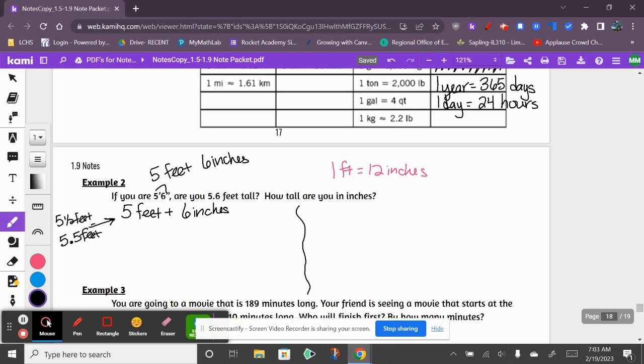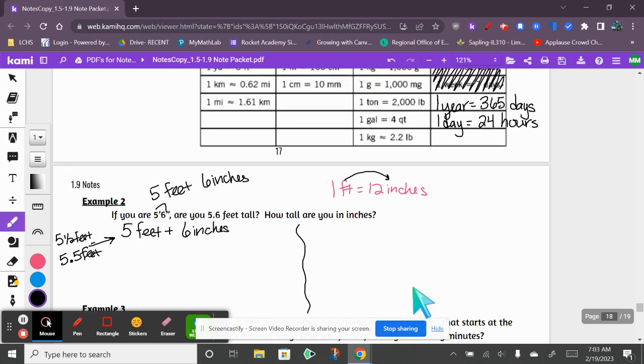All right, so we're going to convert it so that everything is in inches. So 5 feet, if we're starting in feet and we're going to inches, we want to think, how do we go from 1 foot to 12 inches? So your magic number is going to be whatever number is not 1. So the magic number here is 12. So we are either going to multiply or divide by 12. We are starting with the smaller amount 1 and going to 12.